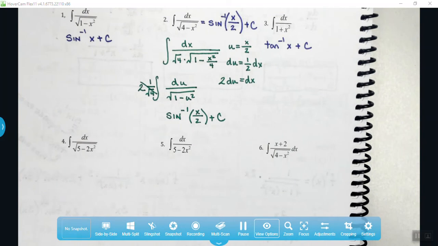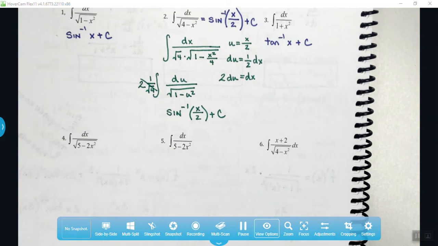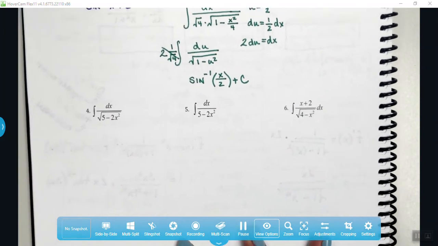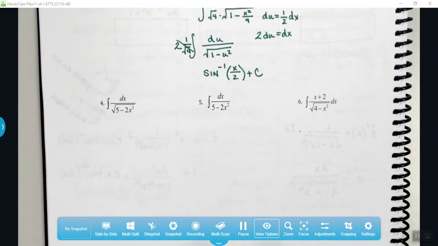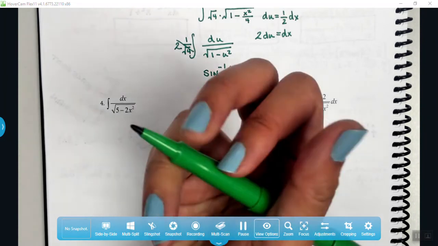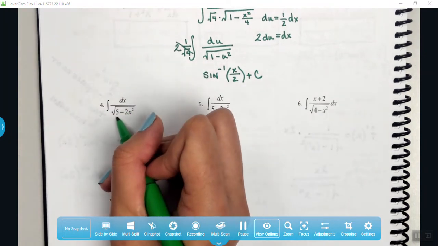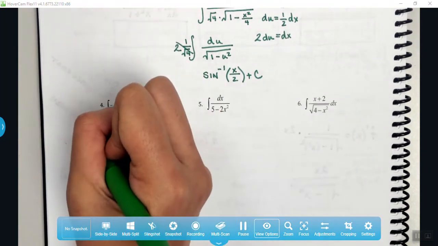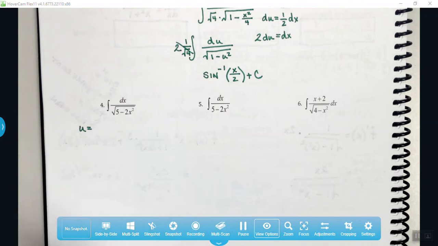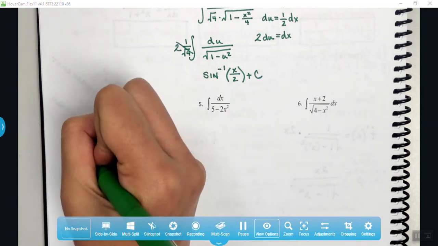Thanks. Yeah, no problem. Okay. 4, do you want me to do it the long way, or do you want to just do it the short way? You tell me. Short way? Okay. This is an inverse sine, right? What is u and what is a?